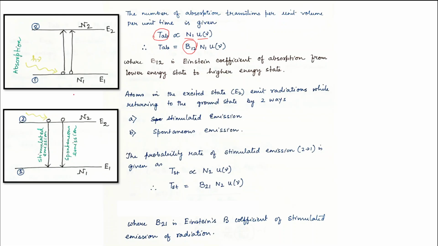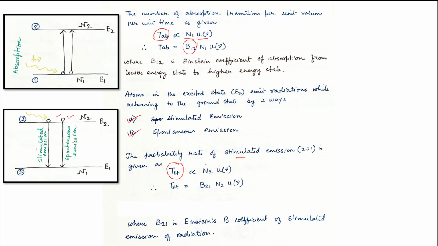Now as soon as the atoms reach the higher energy state, they emit radiation while returning to the ground state, and this can be done in two ways. One is stimulated emission and another is spontaneous emission. So let us first look at stimulated emission. The probability rate of the stimulated emission we have taken as T_ST.